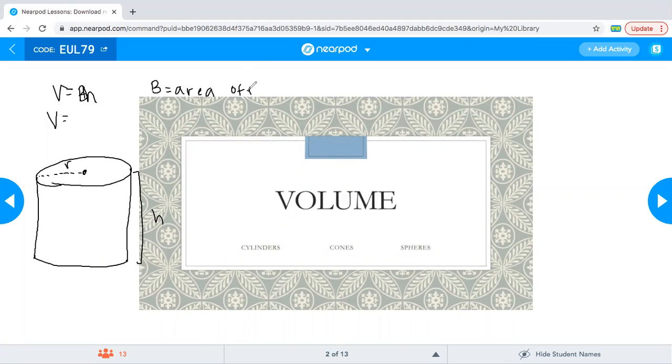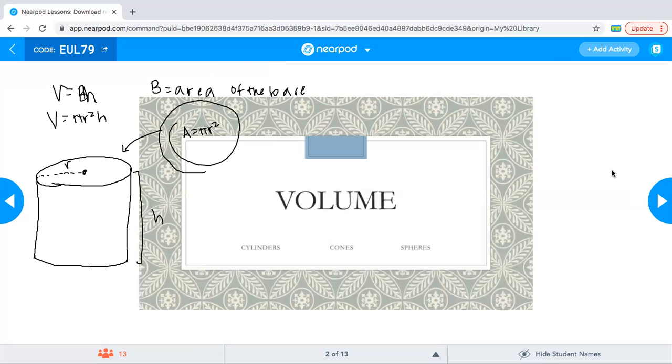And since my base is a circle, I have to figure out the area of a circle, which is pi r squared. So instead of capital B, I write pi r squared, multiply that by h. Okay, so that is a quick review from last class that hopefully everyone feels confident with.